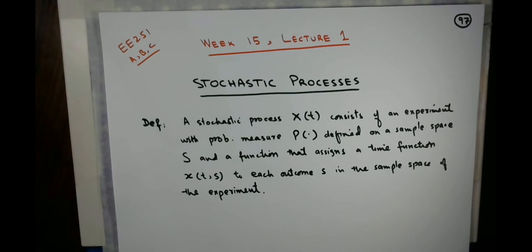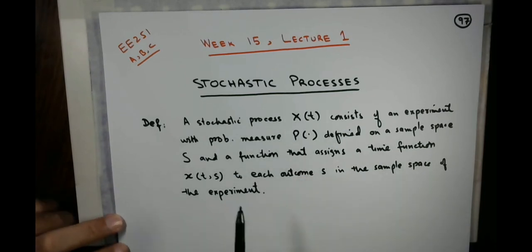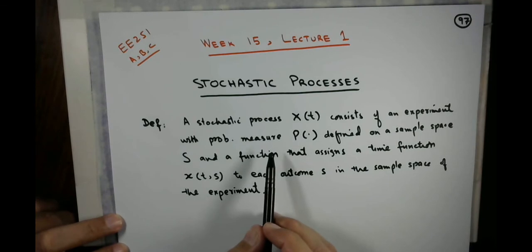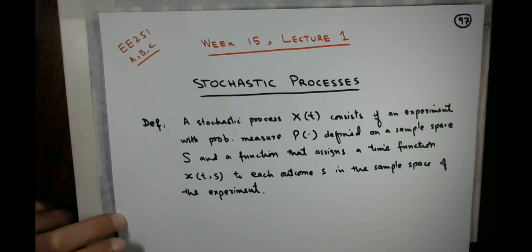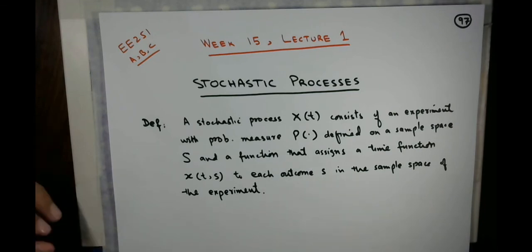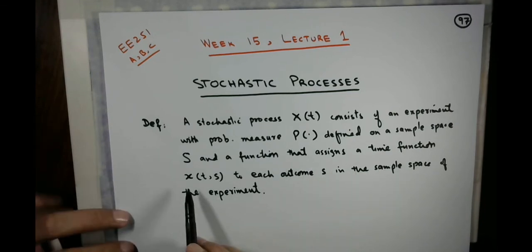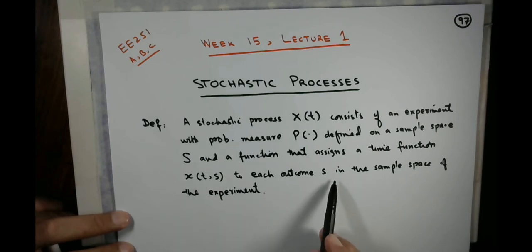Please understand this carefully. A stochastic process, the notation is x of t, and it consists of an experiment with some probability measure defined on a sample space S. So the sample space of the experiment is capital S, and then we have a function or a relation which relates time functions, call them small x of t comma s, to each outcome s.